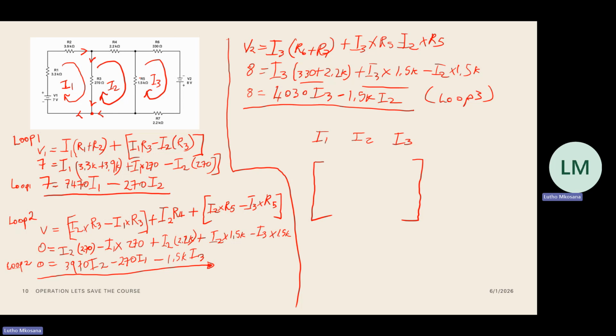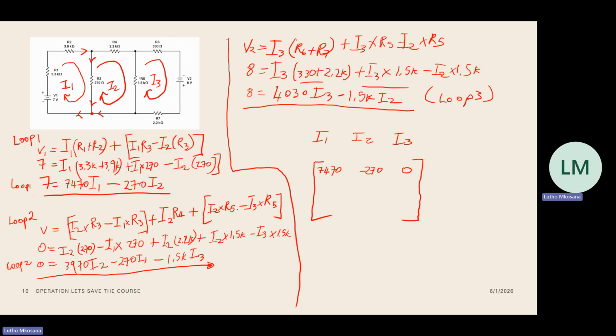According to loop 1, we have 7470 as I1. What is I2? Negative 270. And for I3, there isn't anything represented, so we're going to put 0.